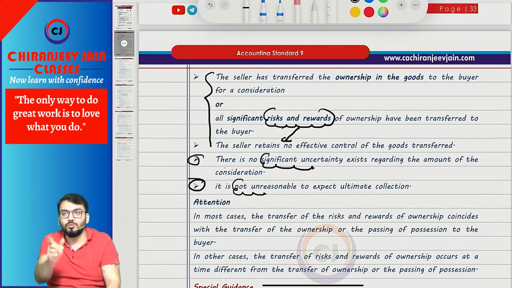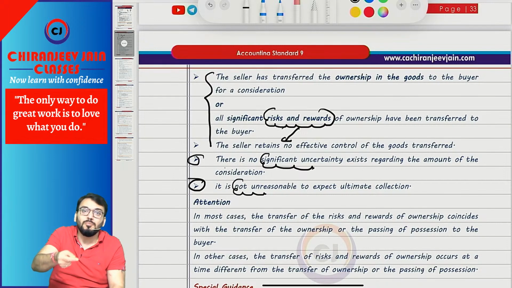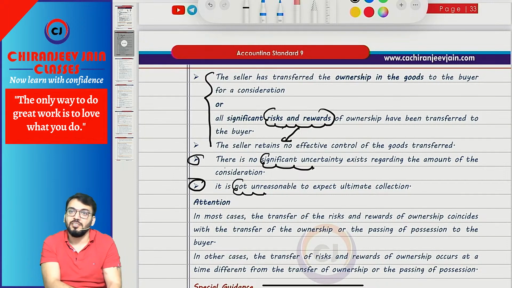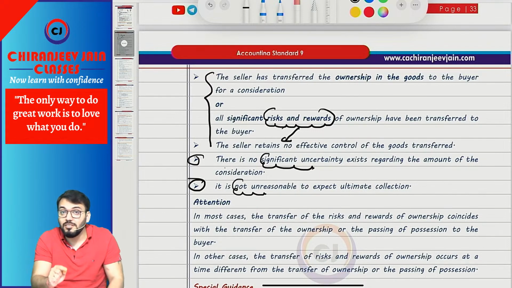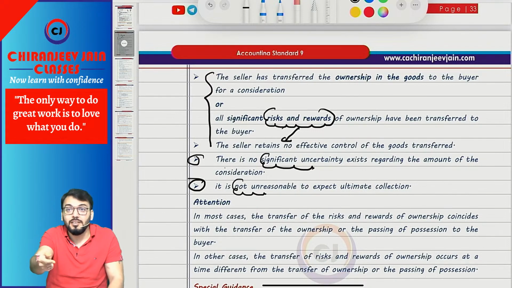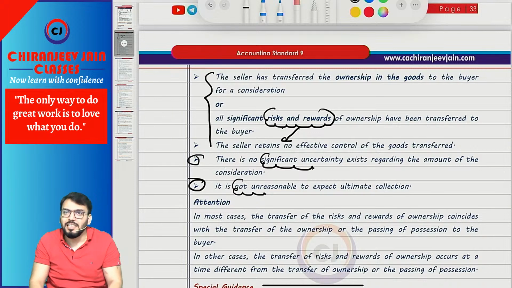Now there can be two circumstances. Either goods have not been delivered because of seller intention, which means risk and reward has not been transferred. But if goods have not been delivered as per the request of the buyer, and we are holding goods on behalf of the buyer, it means it is not under our control.